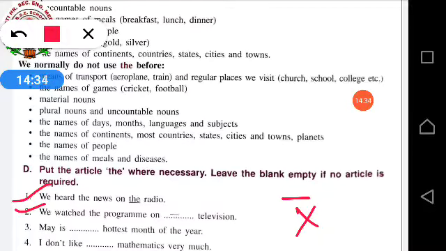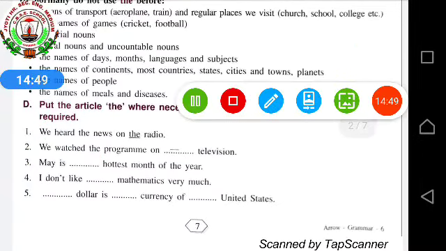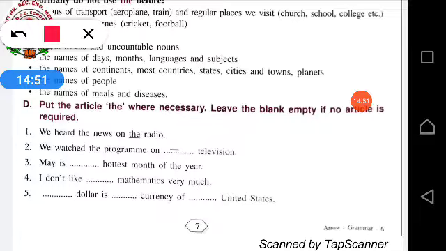Next, May is dash hottest month of the year. So, May is the hottest month of the year. Then, fourth one. I don't like dash mathematics very much. So, what will come?